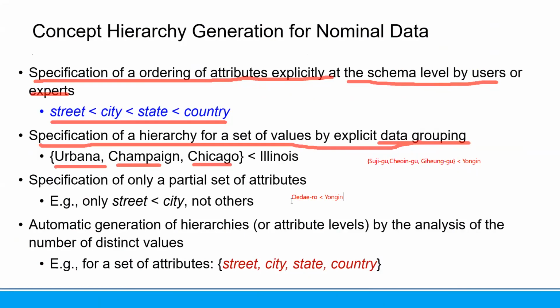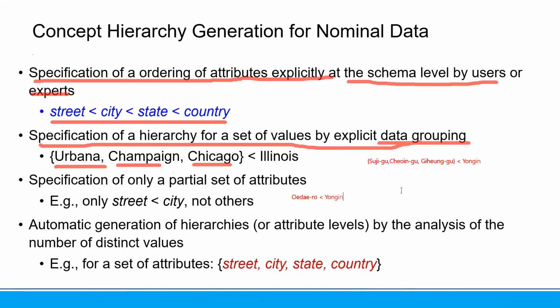So we can make the automatic generation of hierarchy. We can have the attribute level by the analysis of the number of distinct values. So if we have the number of distinct values for every one of this set of attributes, for example, street, city, state, country, and you will have many values, so you can automatically generate the hierarchies.